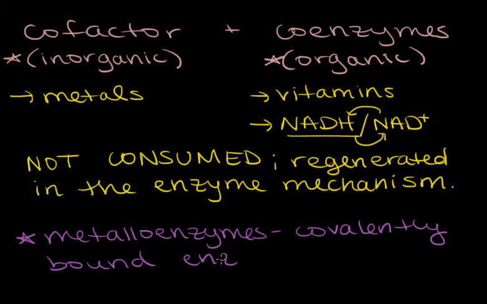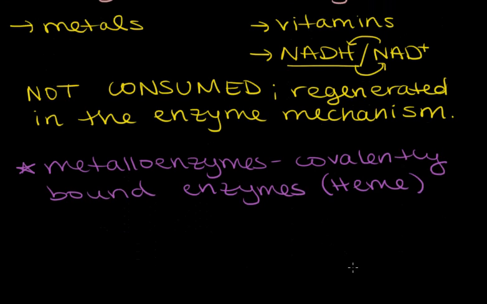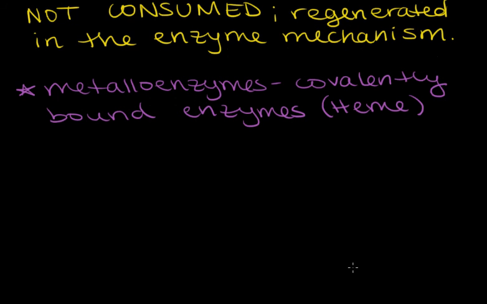Hemes are porphyrin rings found in your blood, right? These metals can be used to coordinate oxygen for transport, and so if you are low in iron, you don't feel very well, and that's because these enzymes aren't able to do their jobs. If they don't have the metal, they cannot function.